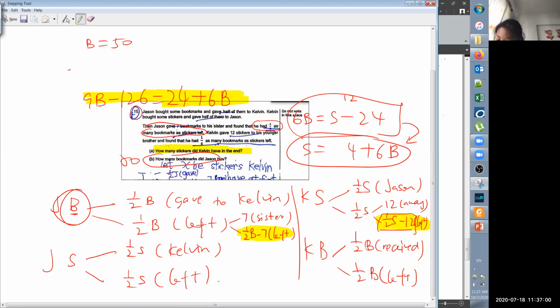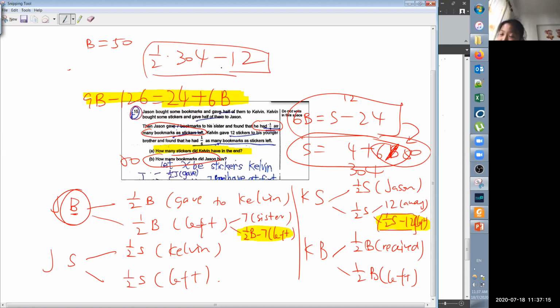So 50 is your B, so this will give you 300, so this will give 304. So that means half times 304 minus 12. So that will be the answer for A. Can you help me out? Half times 304 minus 12. 140. So it's 140. All right, then this will be 50. Okay, so far so good.